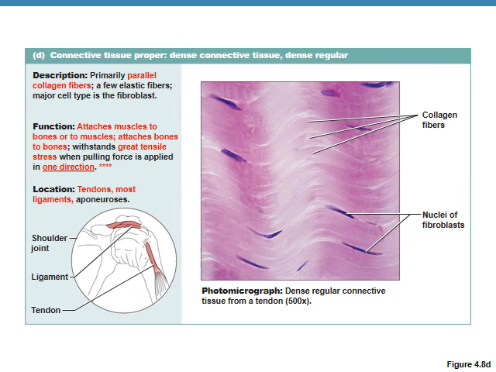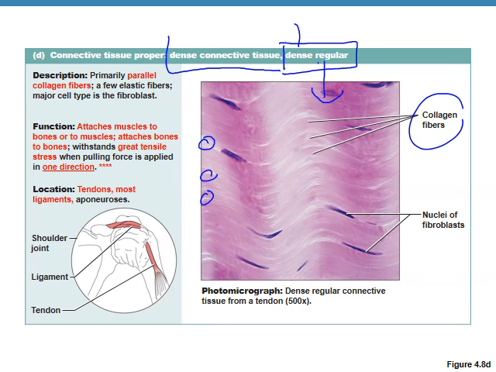The first type of dense connective tissue that we're going to look at is called dense regular. It's called dense because you can see there's not a lot of spaces, and it's regular because the collagen fibers are in a regular pattern or a parallel pattern. The function is that this tissue is used to attach muscles to bones or to attach bones to bones.